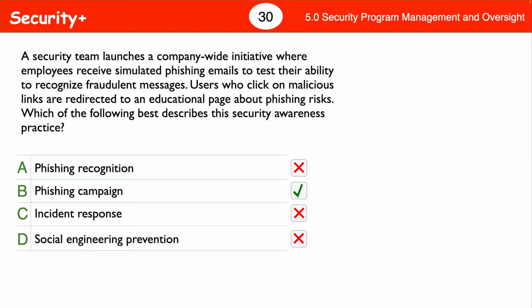And by the way, they are very fun to orchestrate and set up and launch. So definitely be a part of designing one of these if you're ever given the opportunity. But the answer for this last question, question 30, is going to be B, phishing campaign. And that wraps up all the questions for this exam.